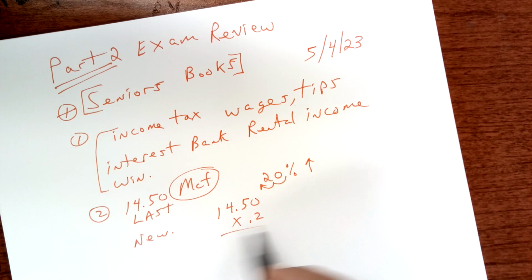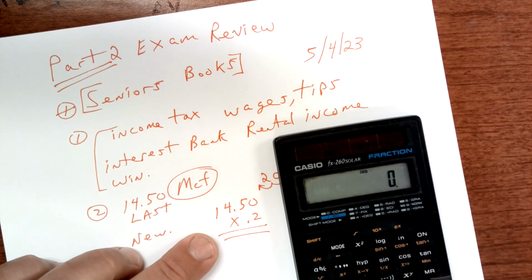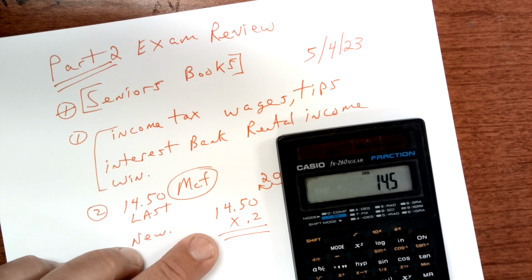So your increase, when you take your calculator here, $14.50 times 0.2.